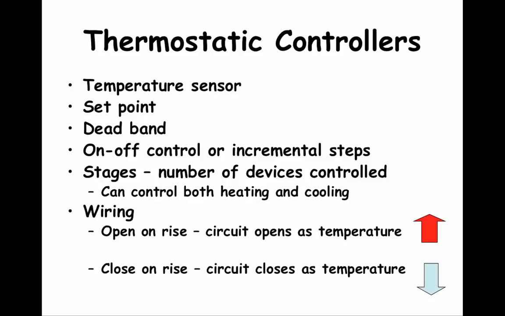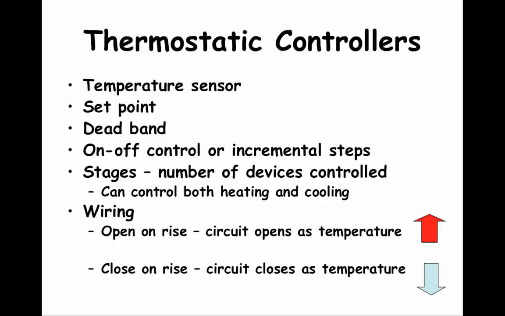They usually have a set point, and most will have some switching differential or deadband. Some thermostats have timers or clocks that allow the users to adjust the set point at different times of the day. Most thermostats use simple two-position on-off control, but some can be found that use incremental steps to make adjustments to control temperature.